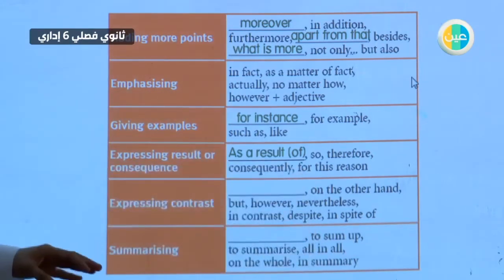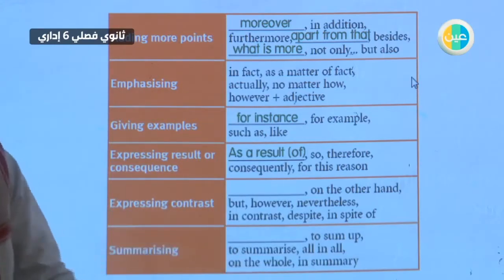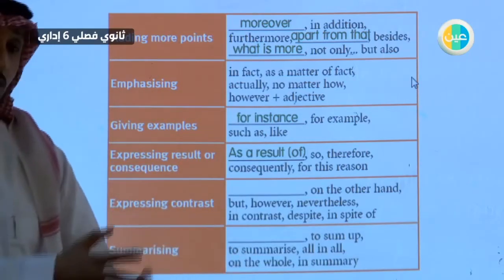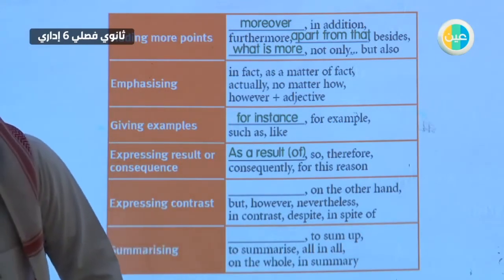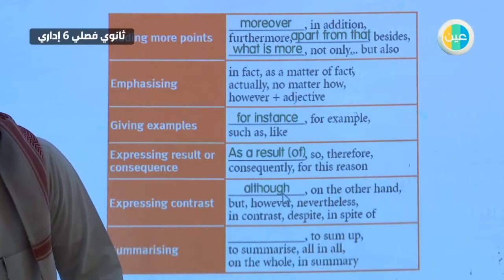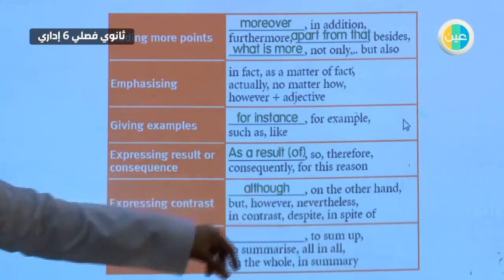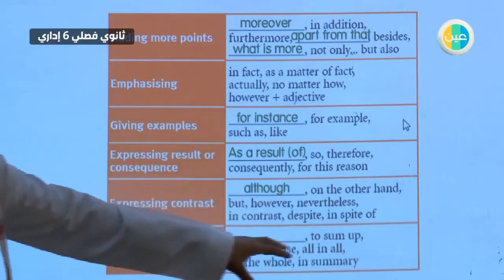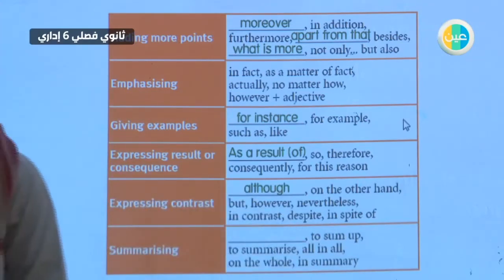The fifth one, expressing contrast. Contrast to show the opposite. تبين الرأي المضاد أو تبين العكس. So we have here, although, على الرغم منه. On the other hand, but, however, nevertheless, in contrast, despite, in spite of.